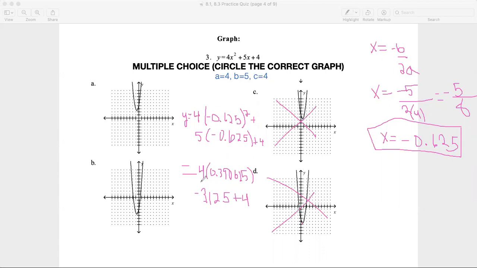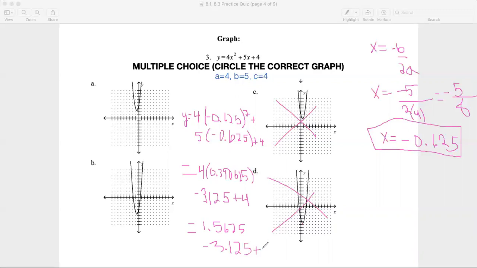Okay, so now I'm going to go ahead and multiply 4 times this decimal here. I did 4 times 0.390625, so that gives me 1.5625, and then minus 3.125 plus 4.